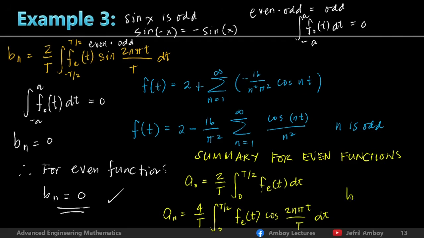And lastly, yung Bn hindi na kinocompute kasi yan ay laging 0. So tandaan natin ha, these are the formulas for finding A0, An, and Bn for even functions. Actually, galing din yan sa generic formula. In-applyan lang natin ng mga properties ng even function kaya nagkaroon tayo ng panibagong formulas. Okay? Now, let's solve another example.